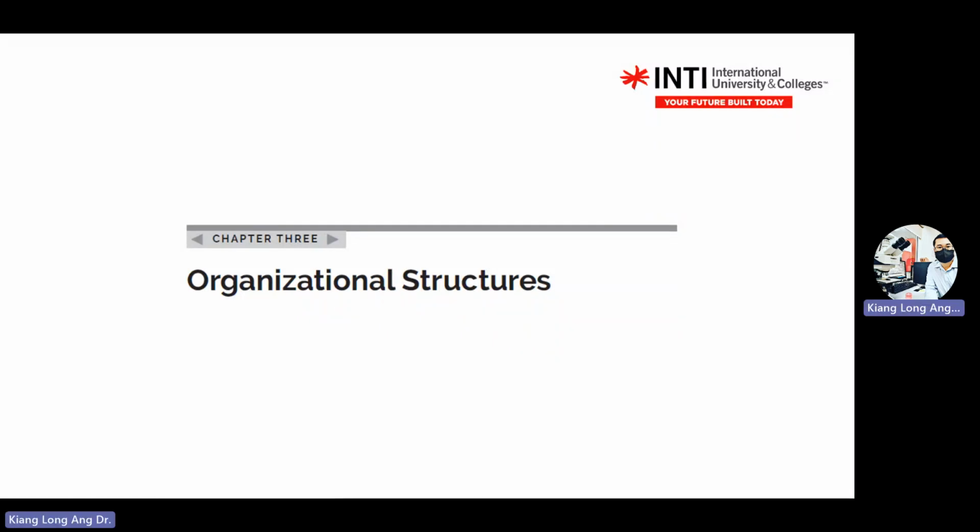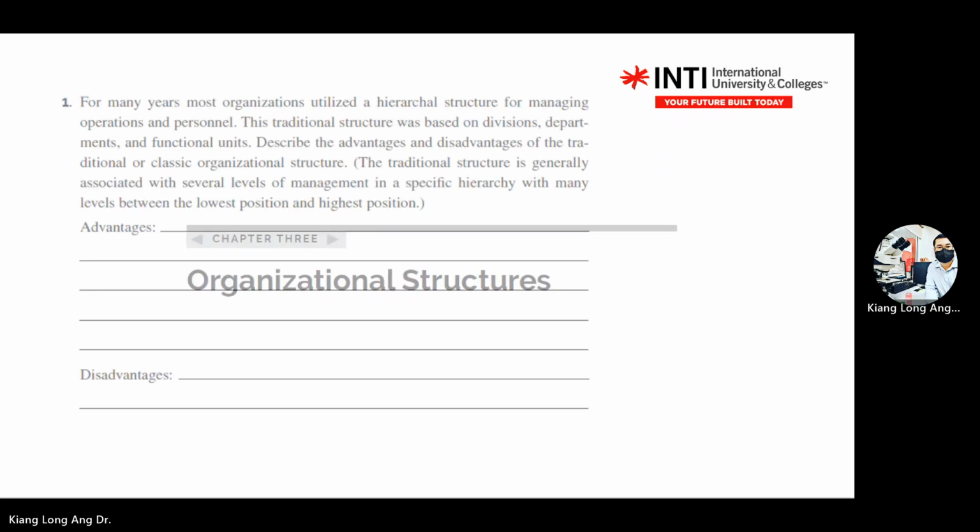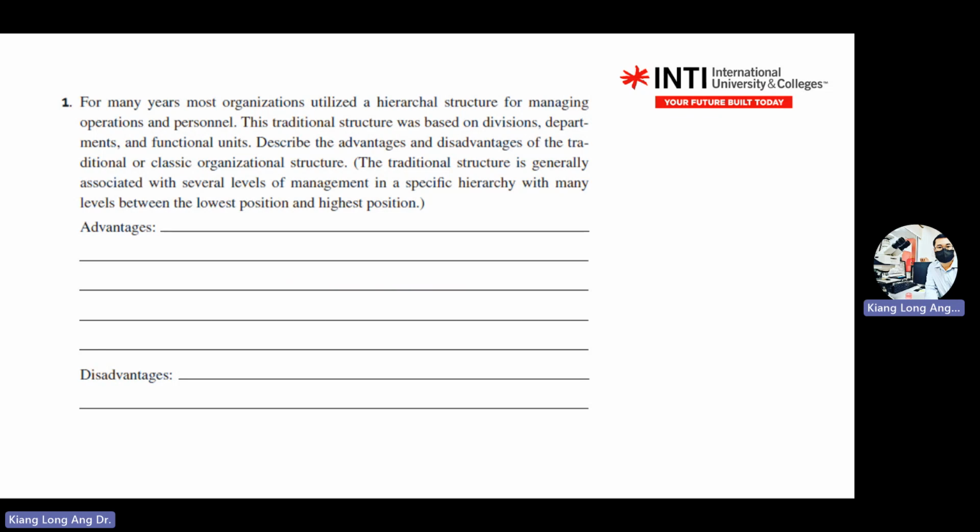Okay, today we go into chapter 3 revision, more on the organization structure or organization chart. First question, a bit long. It asks you about the advantages and disadvantages of traditional structure, right?